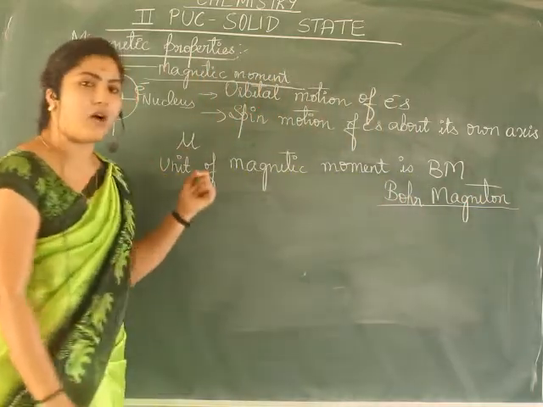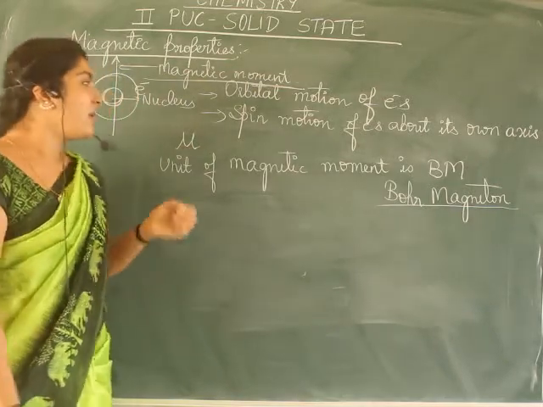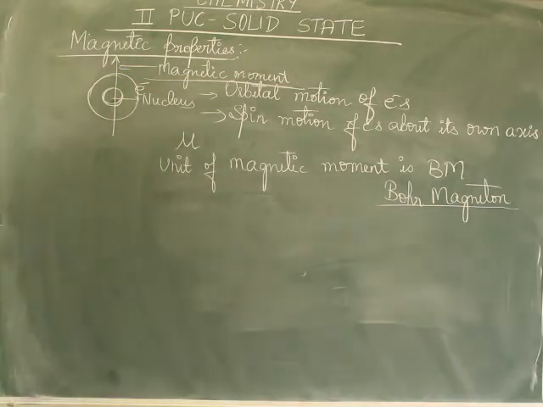We will study how to calculate this in another unit called d-block elements, but for now you should know how magnetic moment is produced.